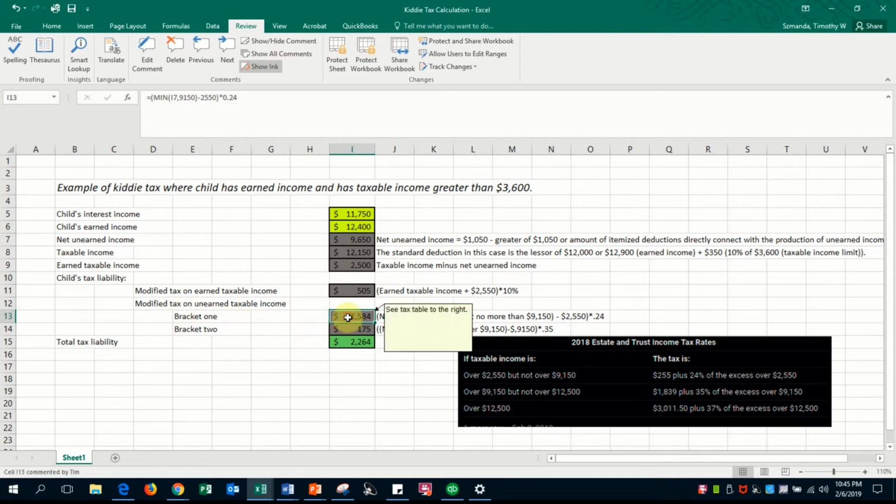The first step we'll take is to calculate bracket 1, using the estate and trust tax rate tables. We're going to calculate this first level, and that is going to be taxed at 24%. So we'll take the minimum of the net unearned income, which is $9,650, or the $9,150, which is given in the tax table here.